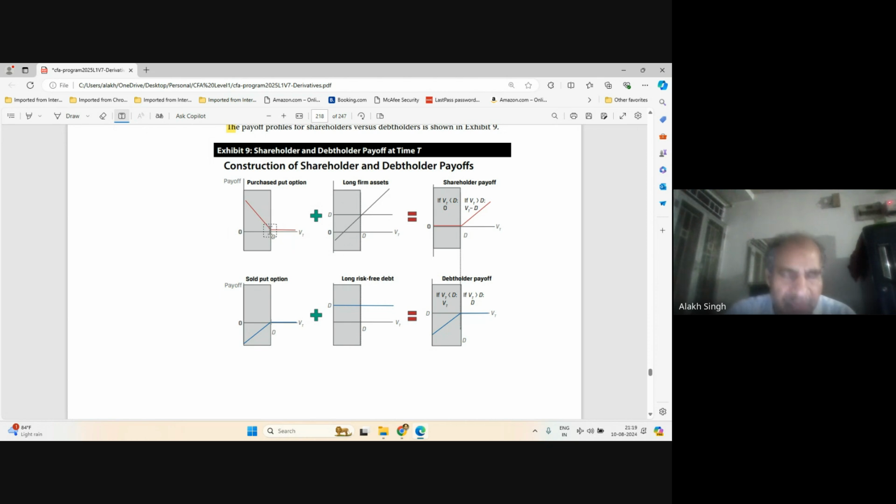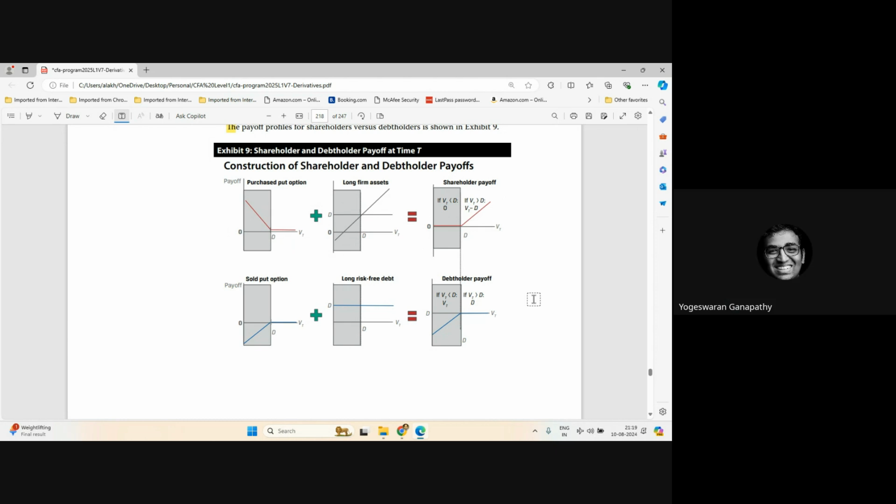The firm is still valuable. So this becomes their exercise price and the payoff line becomes horizontal. If the value of the firm VT is greater than D, then it is again a one-to-one relationship and the shareholders get the payoff. So this is nothing but the payoff of a call. You are familiar with this picture.